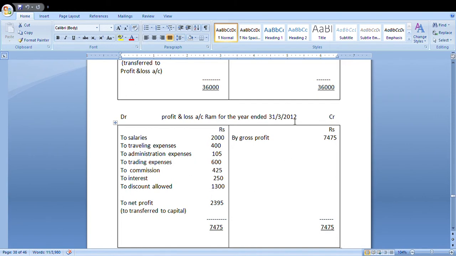Next, on the credit side of the profit and loss account, you start with the gross profit. Next, any income in the problem is entered on this credit side.